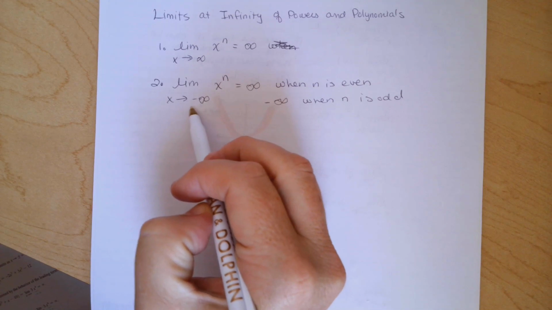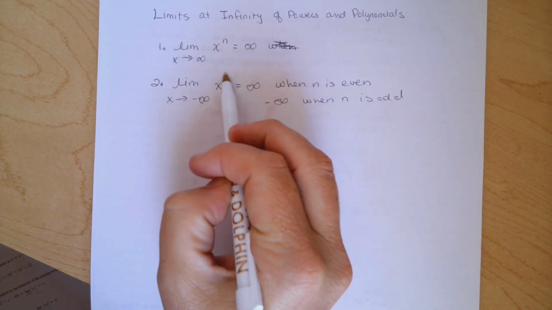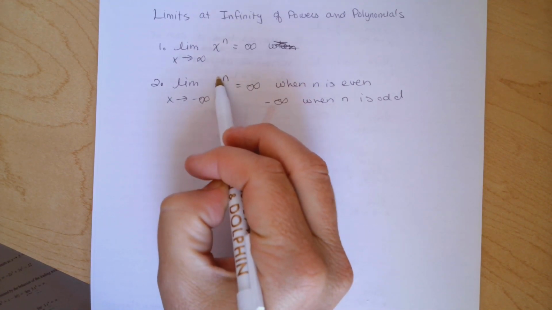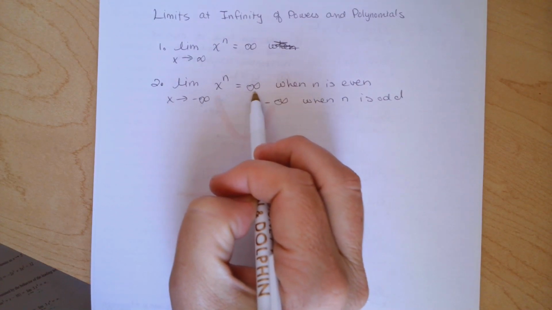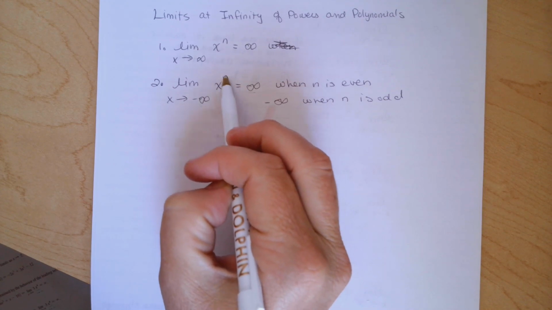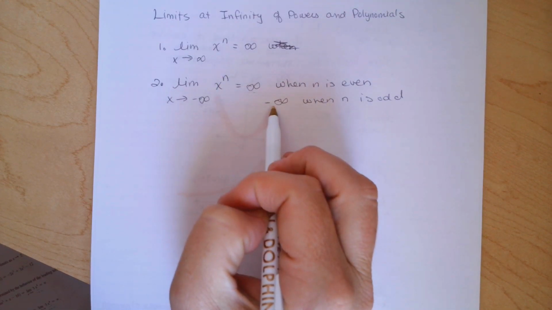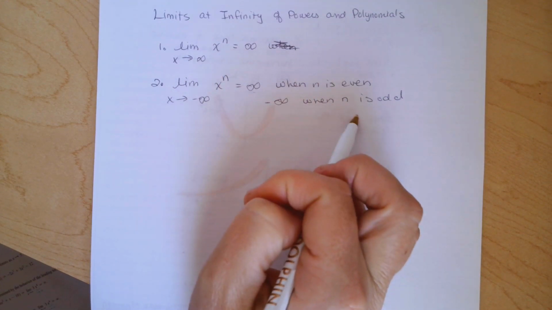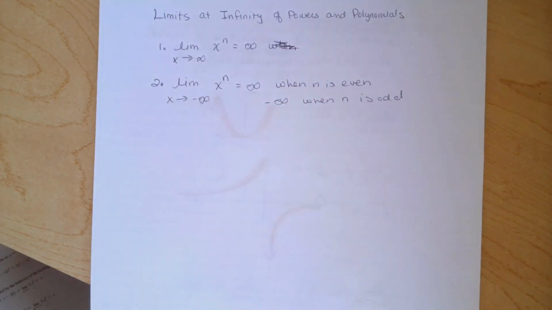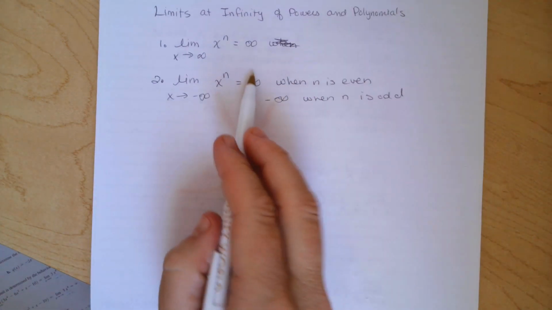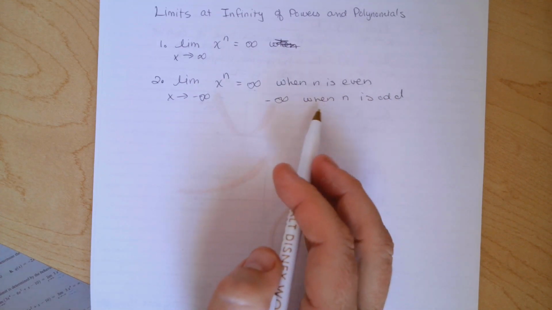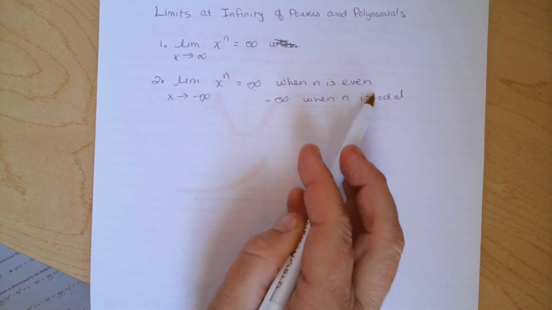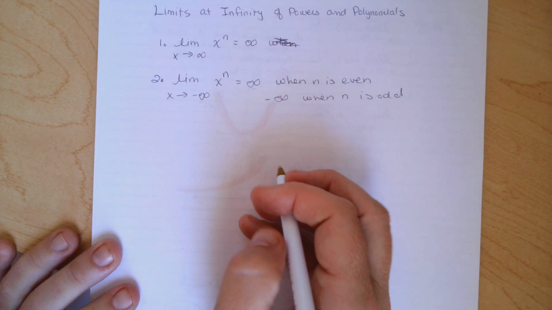When I have a negative infinity here, if this is even, like a square or a 4, the two negatives are going to cancel. But if this is odd, you're always going to end up with one more negative value. So this whole thing is going to equal negative infinity when n is odd, and equals infinity when n is even. Just so you understand what we're writing there.